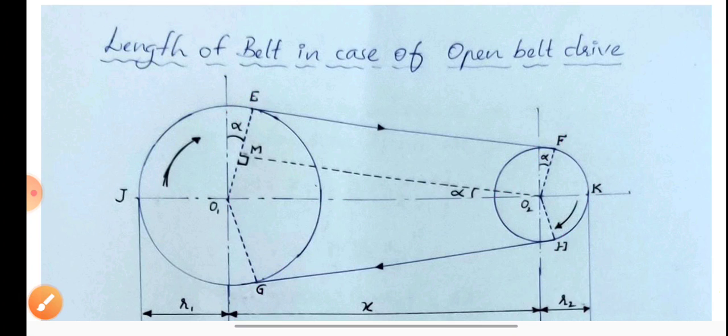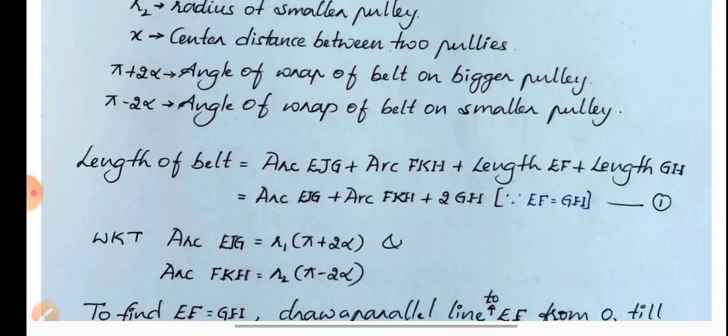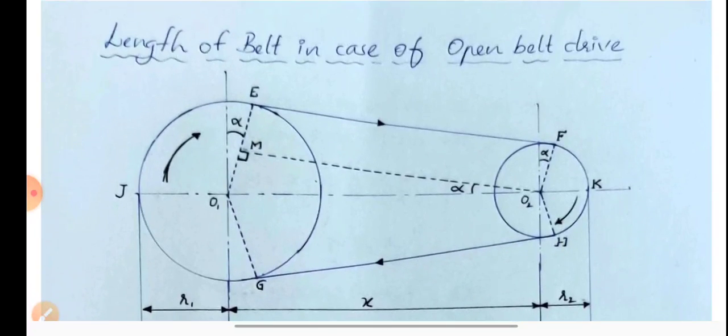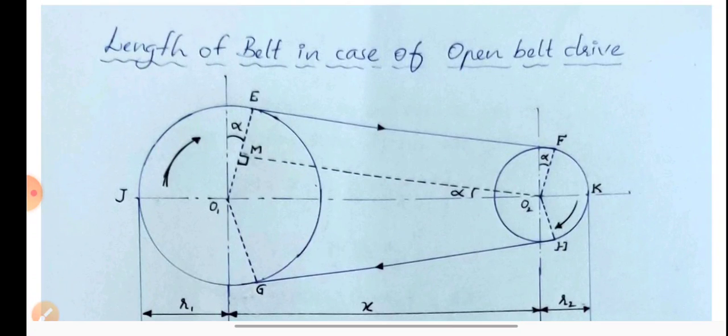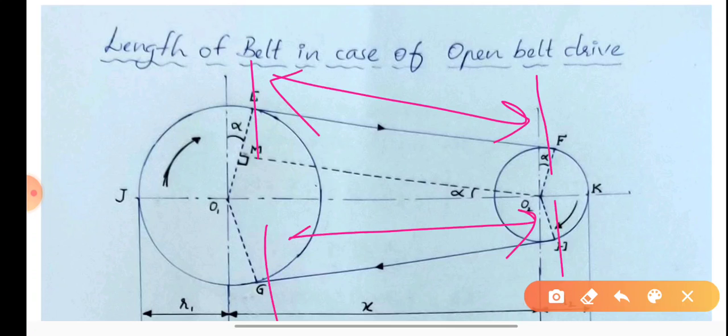So length of belt is equal to arc EJG plus arc FKH plus the length of belt from point E to point F, that is length EF, plus length GH, from this portion to this portion.